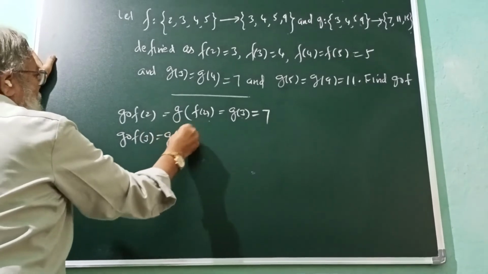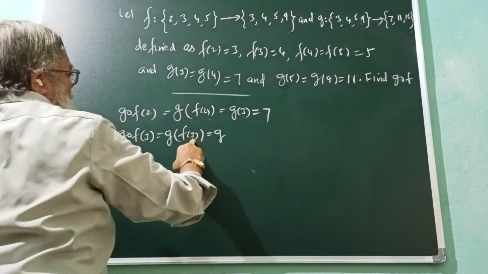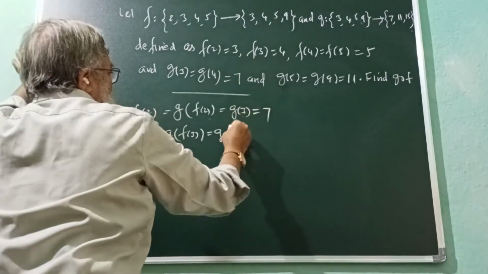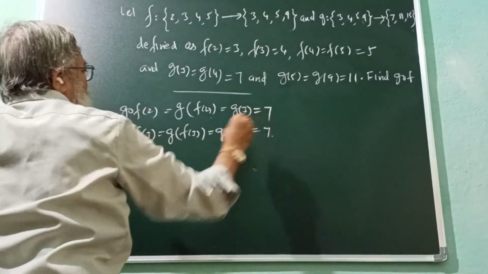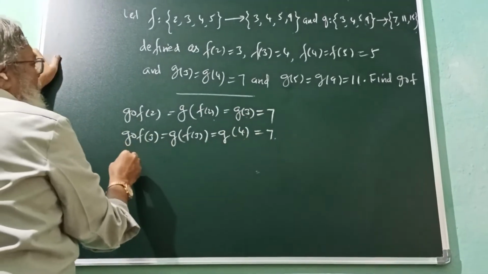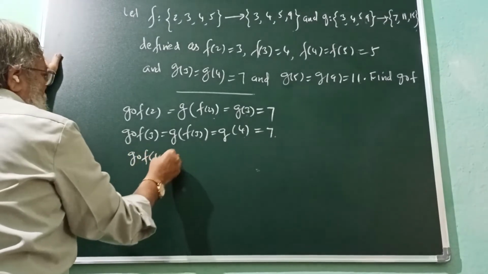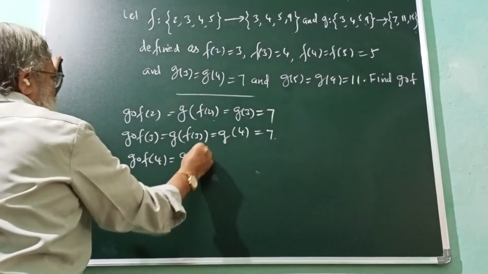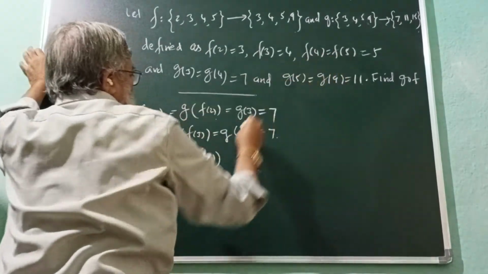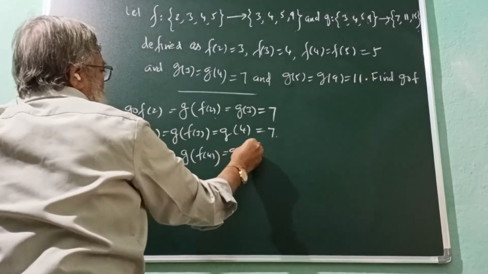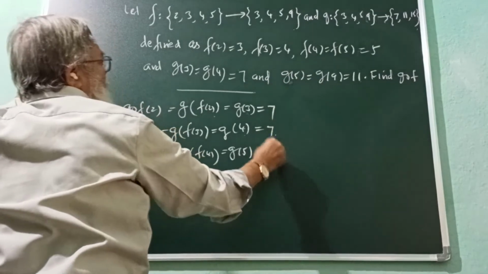See here. Similarly, let us find out (g composition f)(3), that is g of f of 3. Now get the value of f of 3, it is 4, so g of 4. The value of g of 4 is given by 7. Then we have g of f of 4, that is g of f of 4. f of 4 is given by 5, that is g of 5. g of 5 is given by 11.